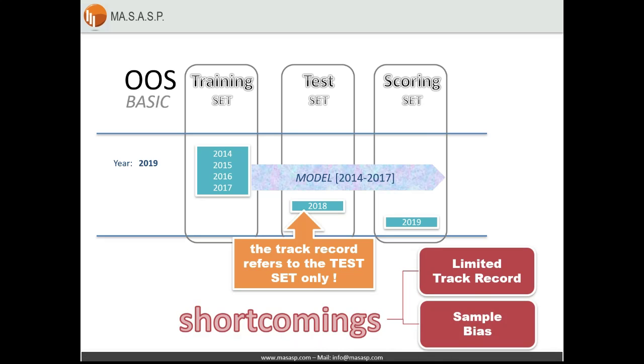The second shortcoming is that the out-of-sample is placed right at the end of the observation period, and then it might be biased. It is not representative of the whole history of the financial issue involved, and if the last year differs from the past years in terms of trending patterns, that might undermine the reliability of the assessment.